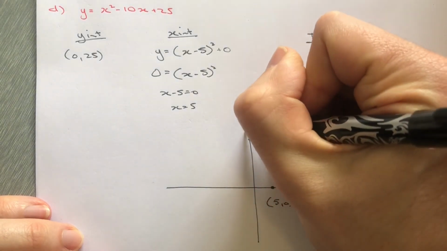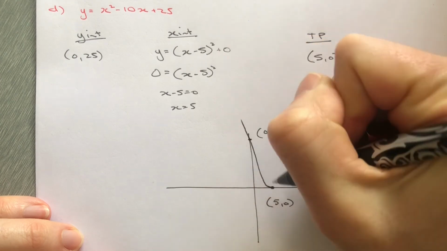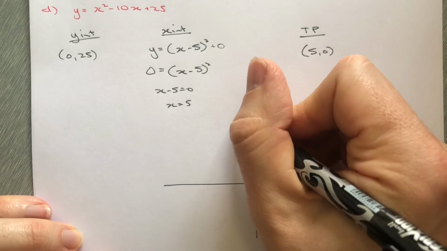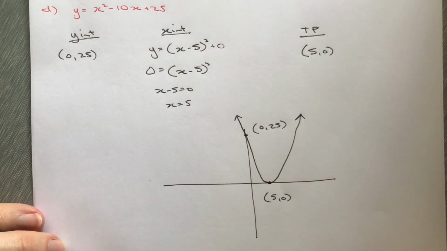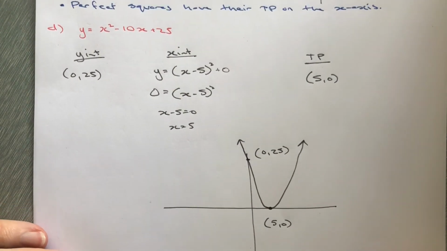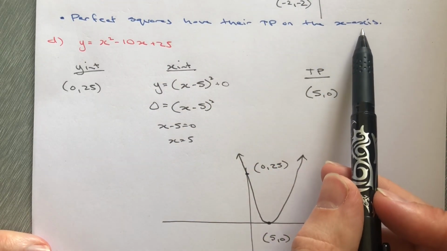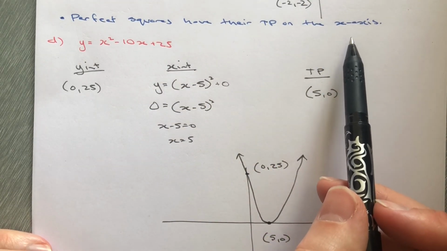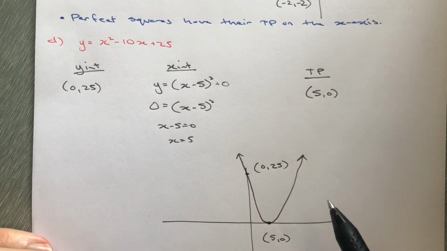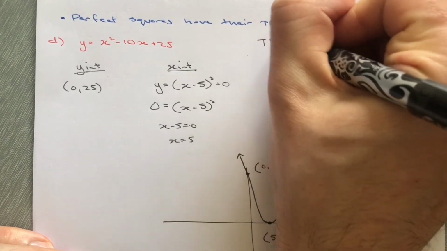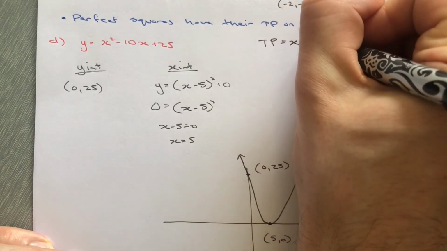So what we're going to have is this sort of thing here. And we're done. So what we need to know is that when there's a perfect square, their turning point is on the x-axis. So their turning point and x-intercept are on the exact same spot. Okay, so for perfect squares, the turning point is equal to the x-intercept.